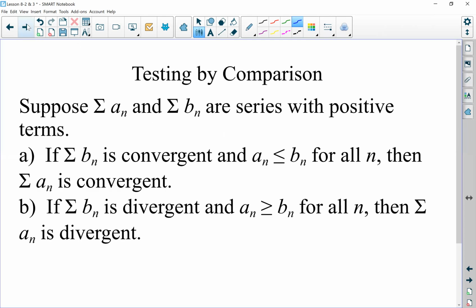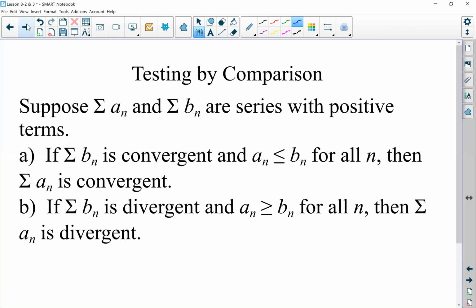So we're going to use that for the comparison test. Testing by comparison. So suppose we have two series a sub n and b sub n with positive terms. And then suppose that b sub n is convergent and a sub n is always less than or equal to b sub n.